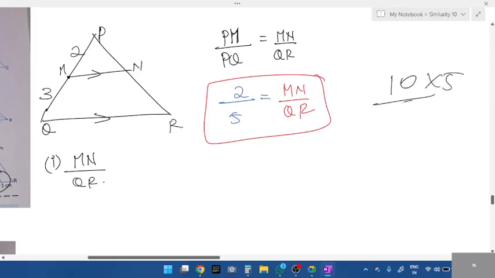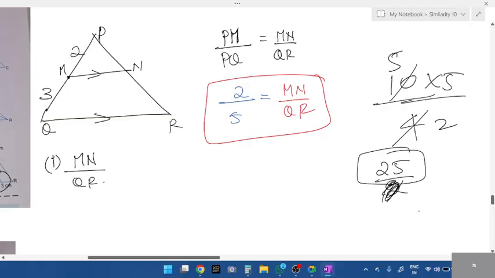If 10 into 5 divided by 4 is given, how do you cancel it? 25 divided by? But in your case, you just ignore this 2. You just write 25 as the answer. Is it correct? You do silly mistakes. Otherwise, you ignore 5 and write 5 by 2. So before this, in your 7th and 8th standard, you didn't practice a lot, I guess. That's the reason you're weak in this type of calculation.